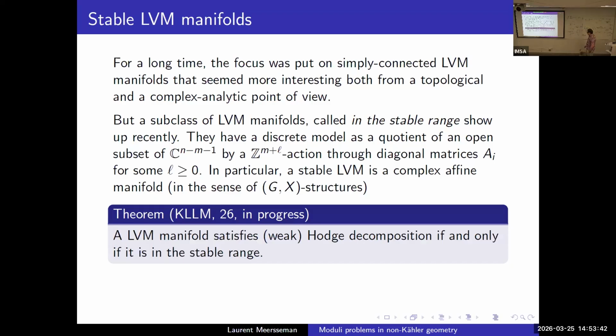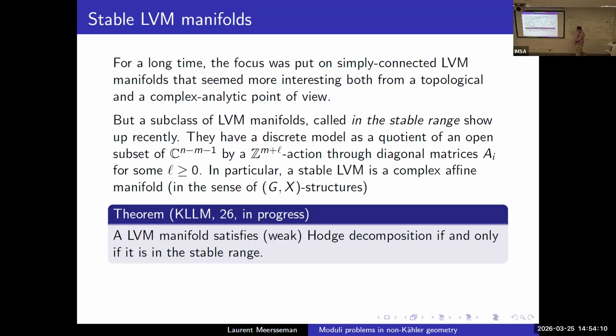And there is another very nice property that we are in progress, work in progress. We are almost ready to prove with Ludmil: the LVM manifold satisfies weak Hodge decomposition if and only if it is stable.